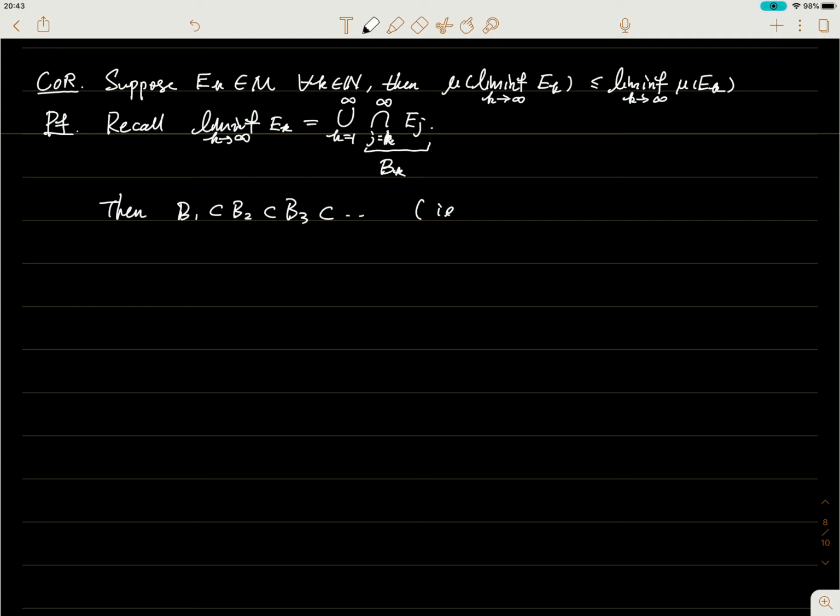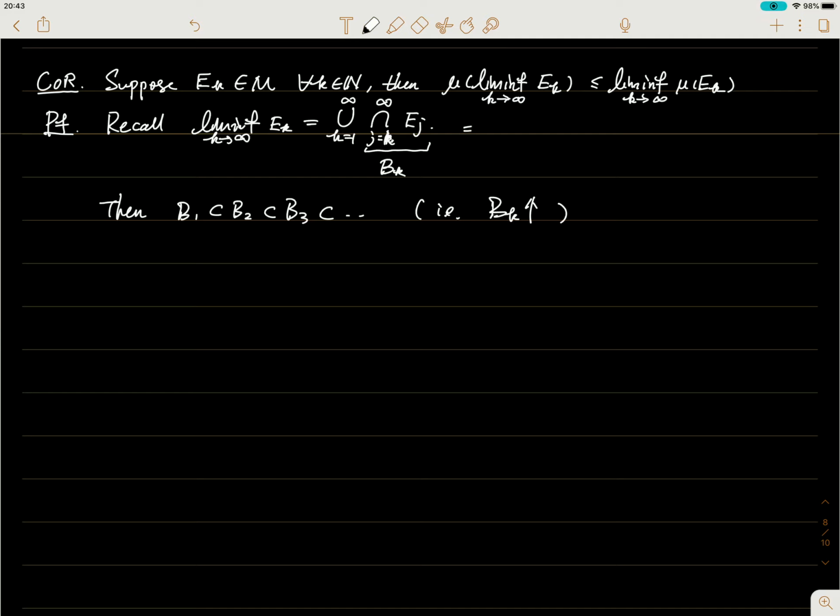In other words, this B_k is increasing or non-decreasing in k. And the reason is because for larger k, we will be taking the intersection of fewer sets, so that's why B_k is potentially larger.